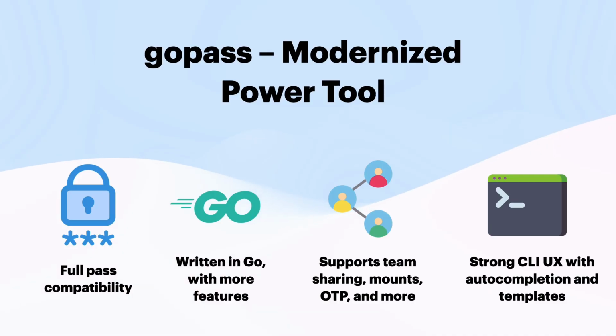What sets GoPass apart? It's written in Go, giving it a faster, more efficient runtime along with additional features. On top of that, GoPass offers a strong CLI experience with auto-completion and customizable templates. That makes it a powerful tool for anyone who wants more flexibility in managing their passwords securely.